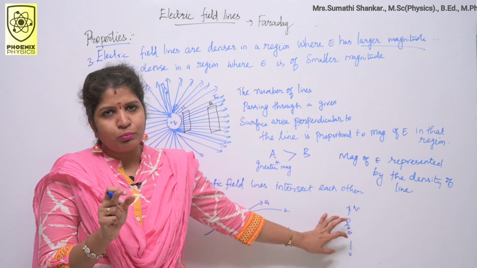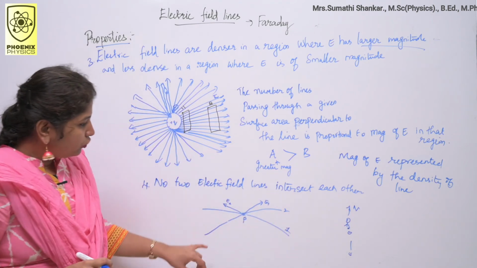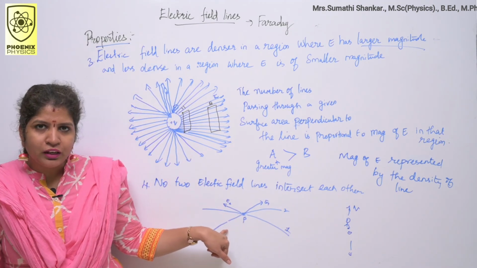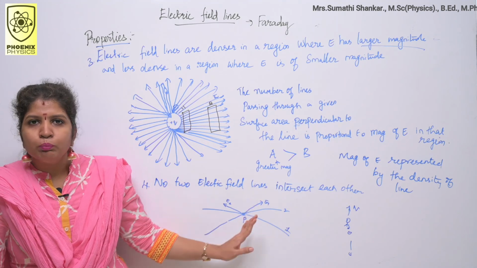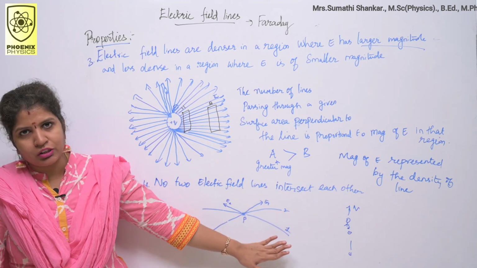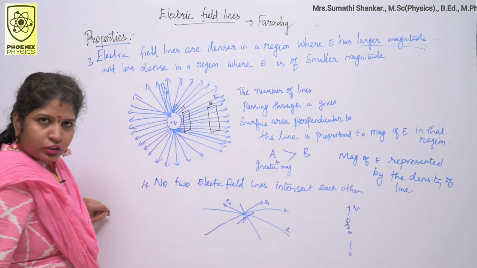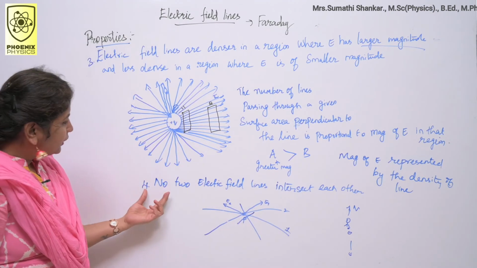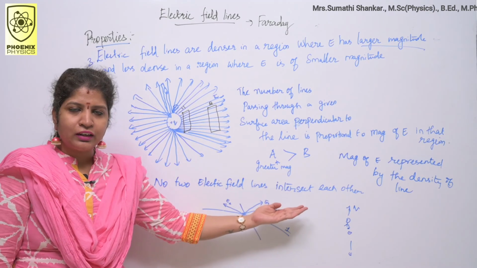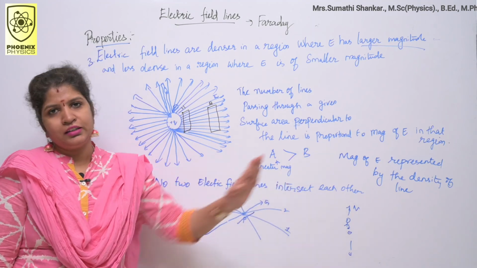It is not possible, right? Same way, if you place one charge at P, it cannot move in both directions at the same time. So, this is not possible. That is why we said no two electric field lines intersect each other.